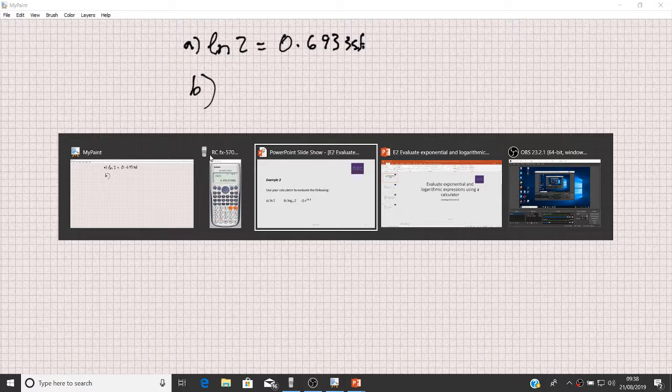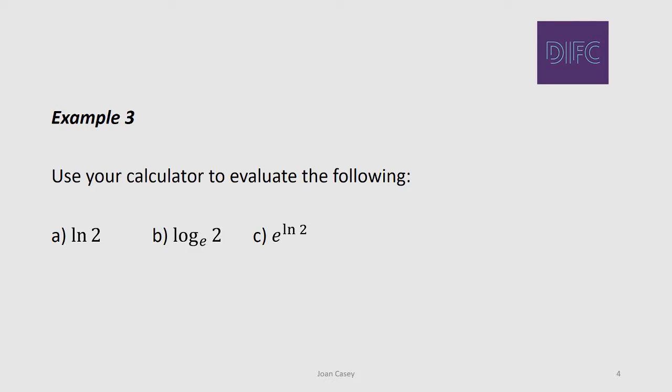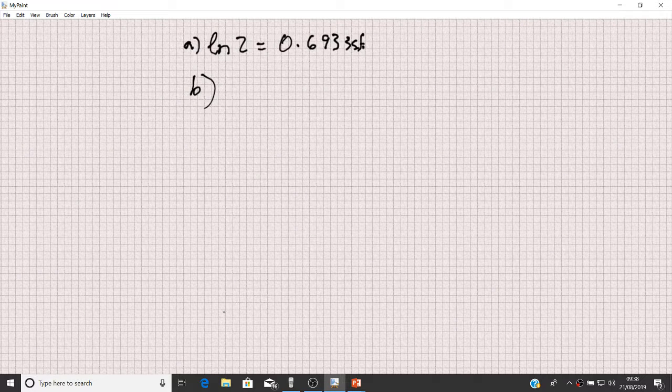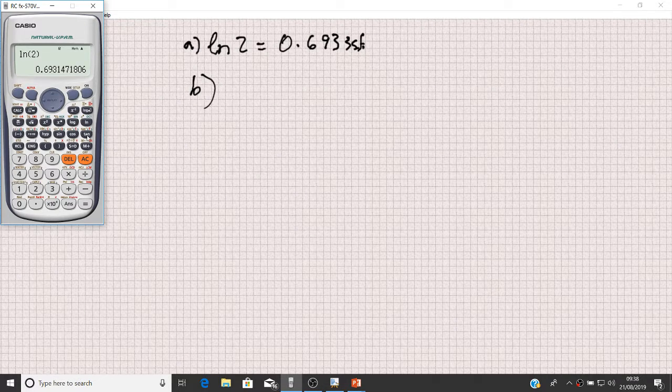So in the first example, ln 2 equals 0.693. That's 3 SF. Example B is log base e of 2. And using the calculator, this time we'll go log base e. Now e, you will see above the ln button, that's e to the power of.